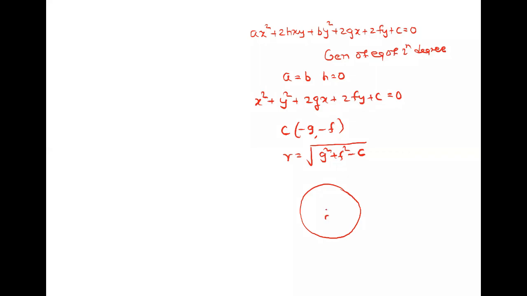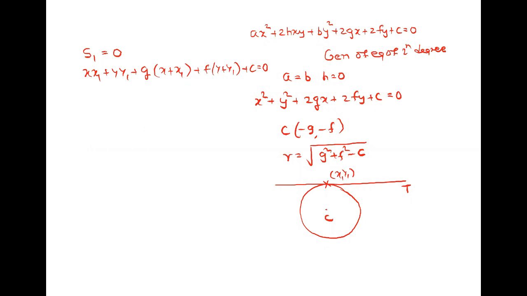This is the center. Any point, this is x1, y1, and this is the tangent. So the equation of a tangent we write as S1 equal to 0: xx1 plus yy1 plus g times x plus x1 plus f times y plus y1 plus c equal to 0 is the equation of a tangent.